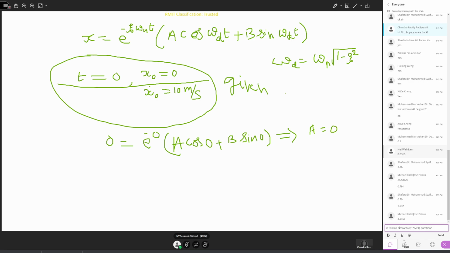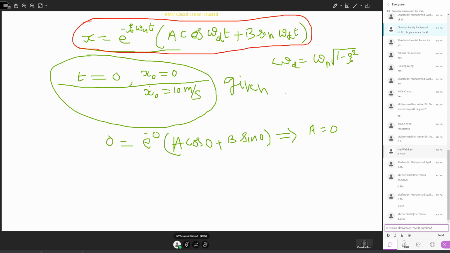Now this is x, right? So find the derivative of this. Find the derivative x dot. You have to take the derivative dx over dt.